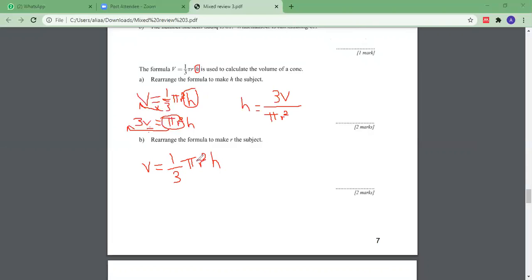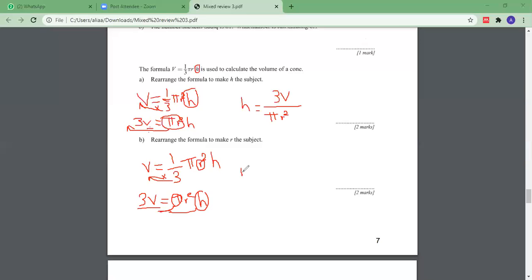I need r, so the same steps, I will move 3 with multiplying, so it will be 3V equals pi r squared h. Then I will take pi and I will take h by division.